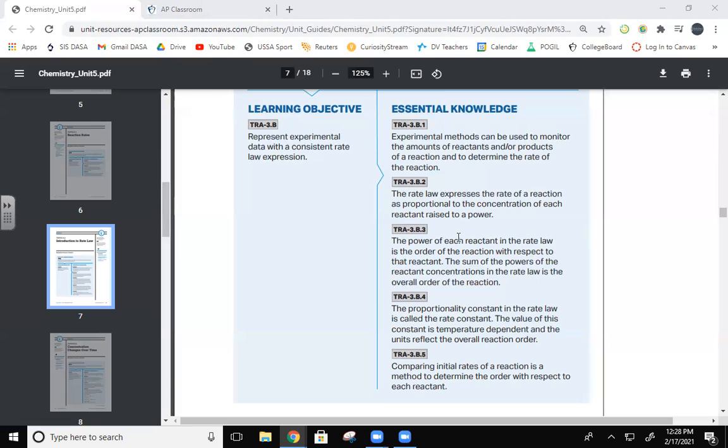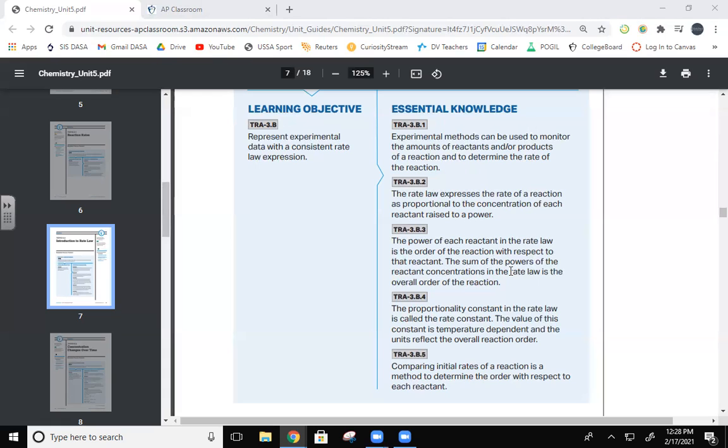Look at this. Just the power of each reactant. Pay attention. The power of each reactant in the rate law is the order of the reaction with respect to that reactant.